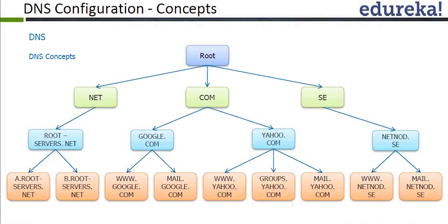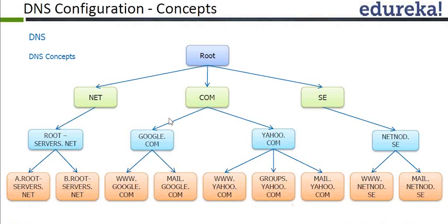Then we have another server called the caching only DNS server, the third one. Whenever a request is sent to the DNS service and that record is not present in its database, as you can see in this hierarchy, it sends a request to a DNS server present in the next level, which is higher in this tree structure.